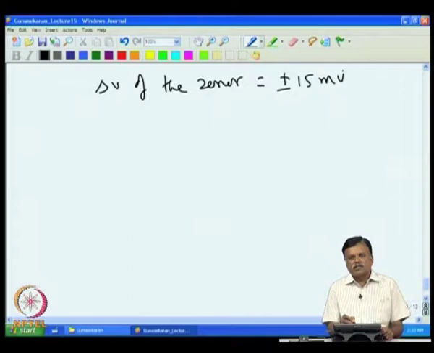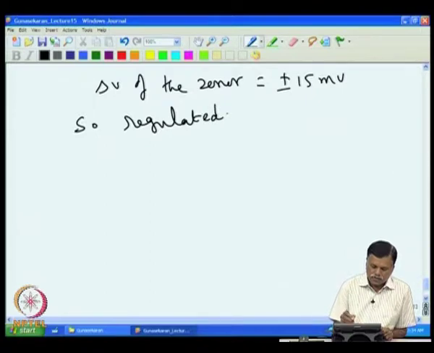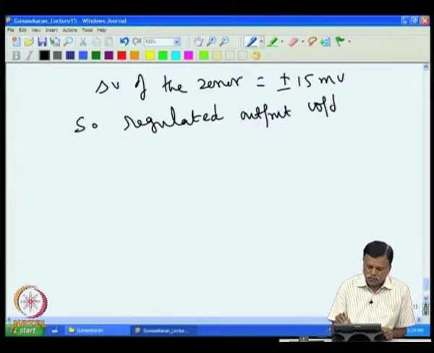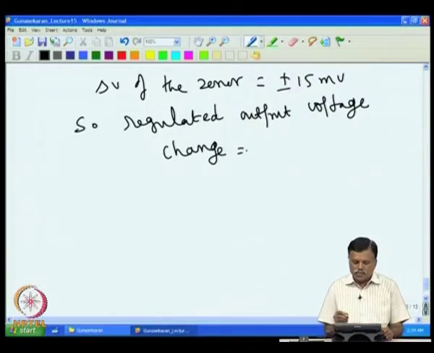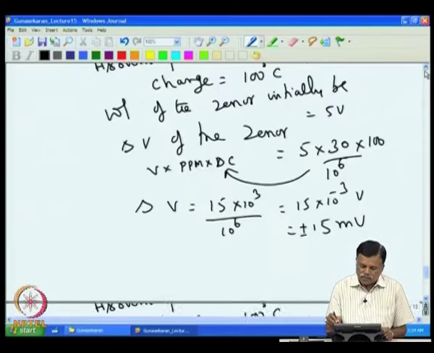If the zener voltage changes by 15 millivolt, what is the output voltage change at the regulator output? So, the regulated output voltage change is equal to 15 millivolt into, actually, 50 millivolt divided by the resistance that we had used here.